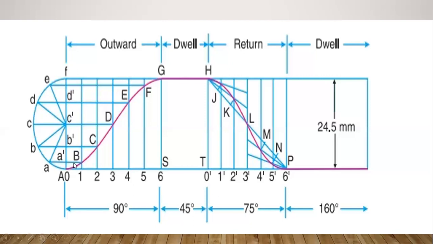From the points, intersect the first point with the first vertical line, the second point with the second vertical line through the horizontal lines, and then we have the intersection points as capital B, C, D, E, F. So we get the points B, C, D, E, F between the points A and G. Connect all those points by using a freehand curve.